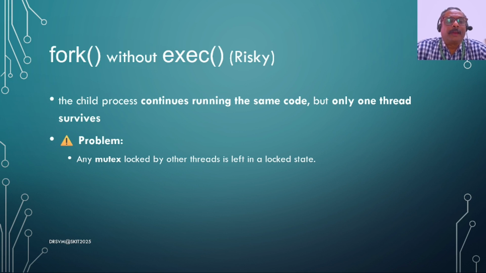stop working. And if another thread had locked any of the resources using a mutex, then that will remain in the locked state, and there is no chance of unlocking it, because the thread which locked the resource no longer exists in the child. The thread that called fork has created its own duplicate and is running that, and that duplicate never knows that other threads were also existing along with the parent thread.